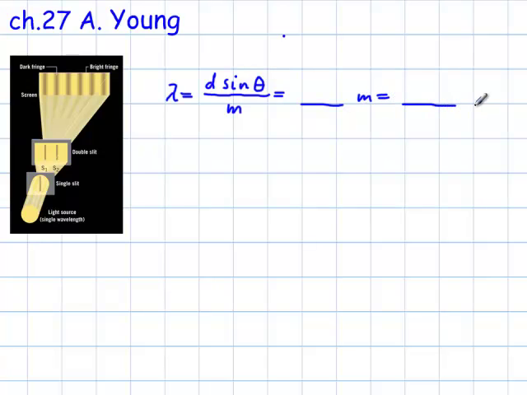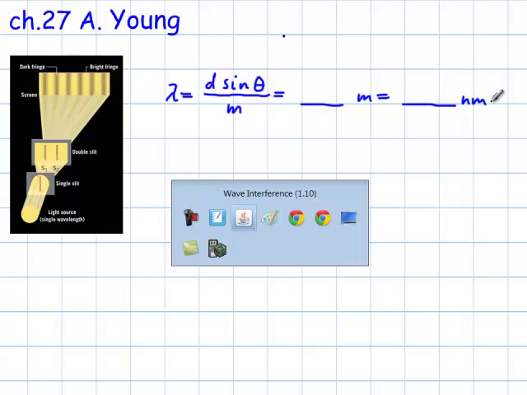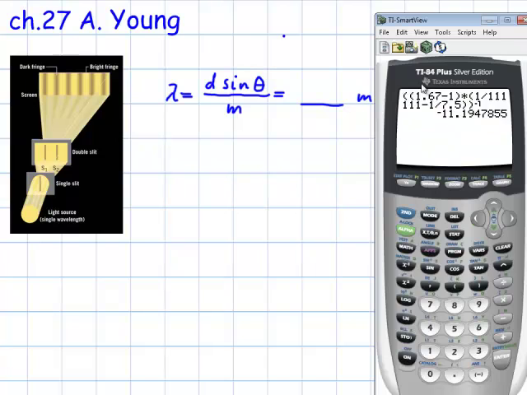Wavelengths are usually given in nanometers, and when I put the numbers on the graphing calculator, where'd it go? There it is.